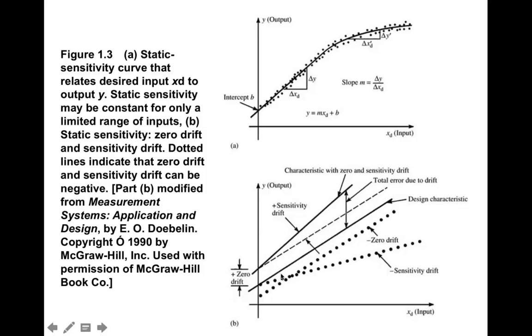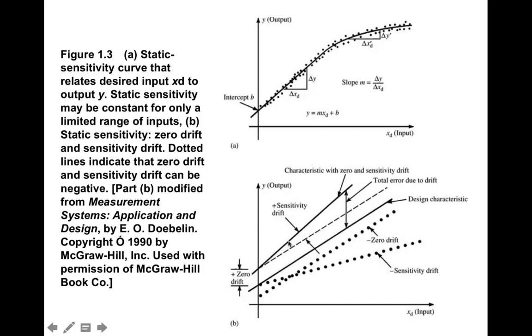So you have some zero drift here. If you have a broadening of your sensitivity, normally you would have a sensitivity that would be basically based around your slope.